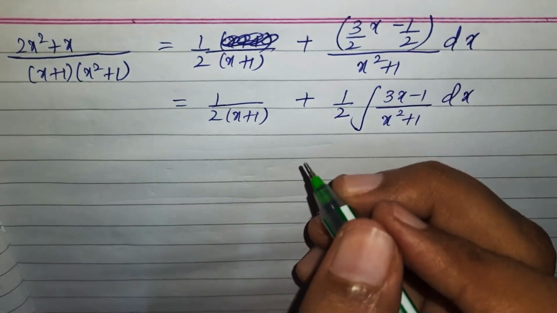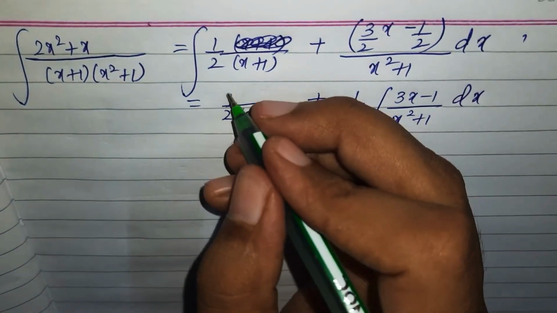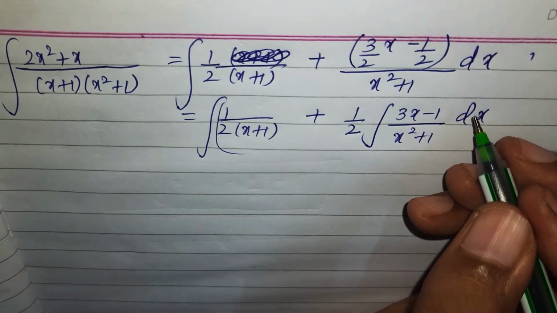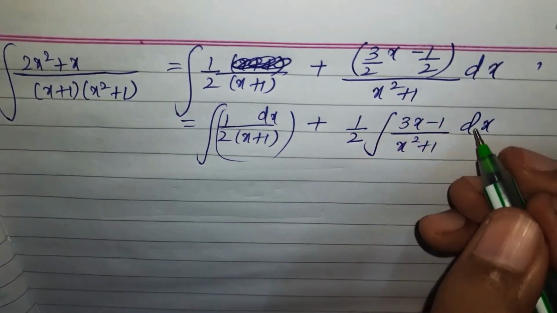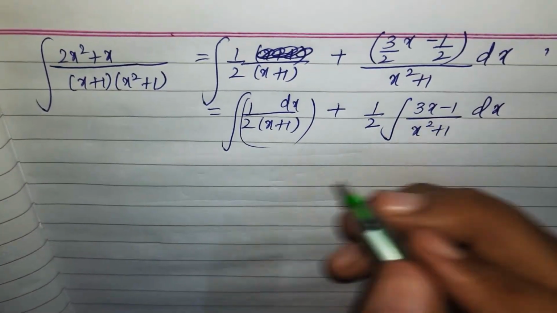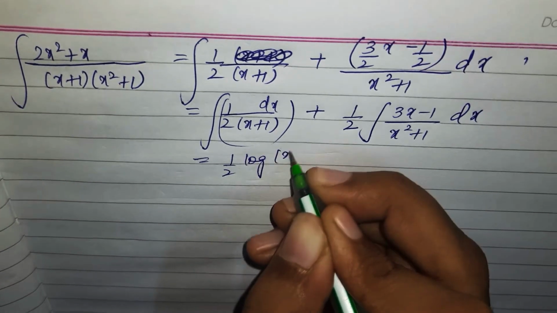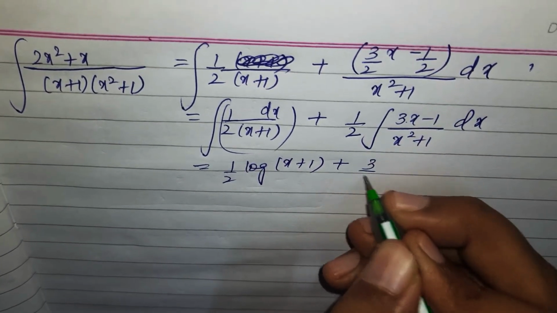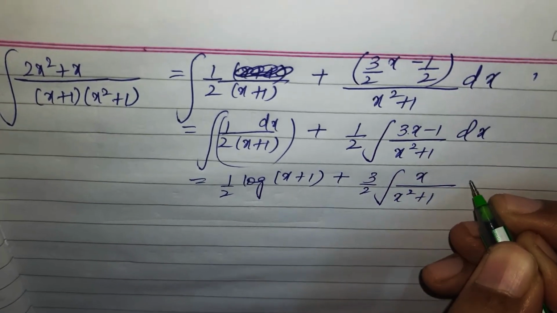Now to do the integration, this will be your integration, and I have written twice dx. This will become 1 by 2 log of x plus 1, and splitting the terms, I will get 3 by 2 x upon x square plus 1. This type of question is important.